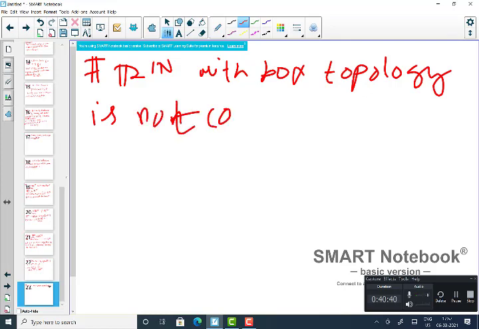Okay, so with product topology it is connected, but with box topology it is not connected. So what does that mean? That means connectedness is a topological property that depends on the topology, right? So how do you prove it?